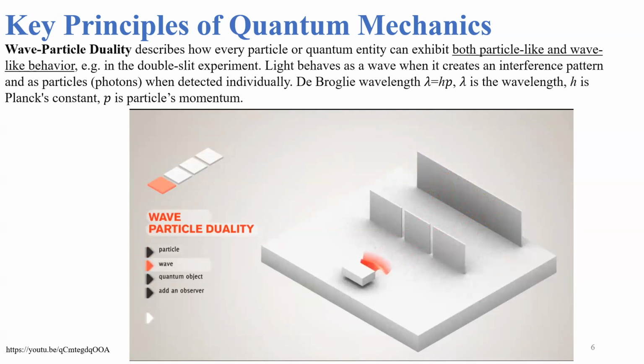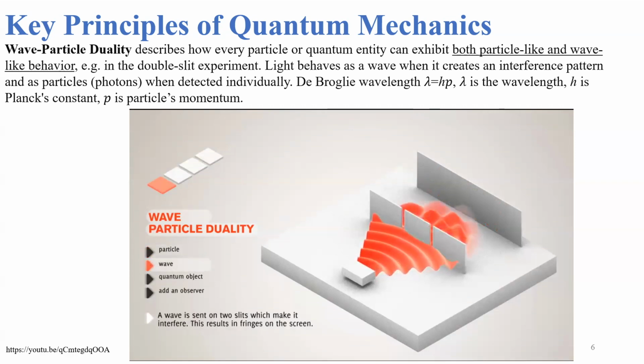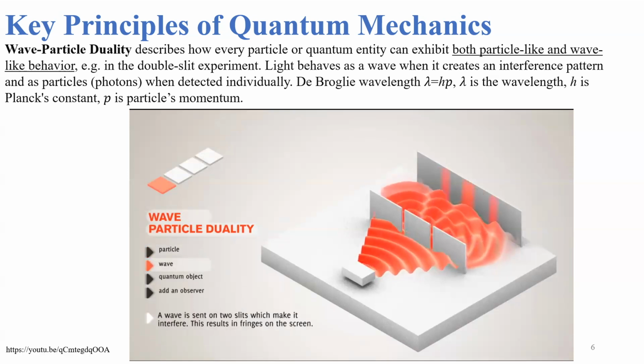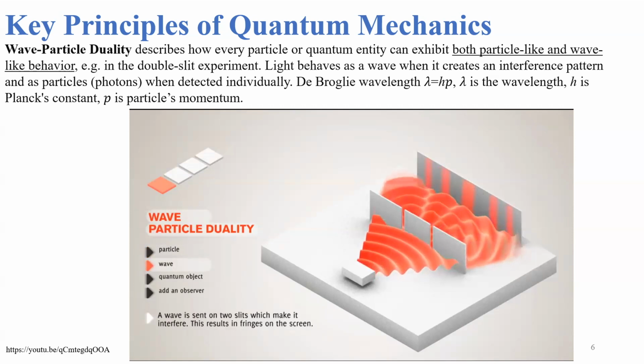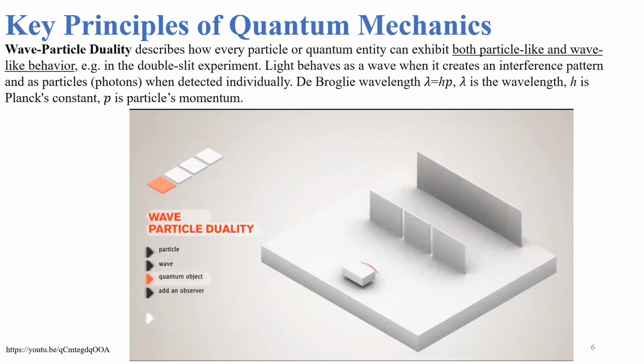Now the wave behavior. Now a wave is sent on two slits, which makes an interference, and this results in fringes on the screen. Usually a particle won't make a fringe pattern on the screen. Now a quantum object is sent on the two slits.